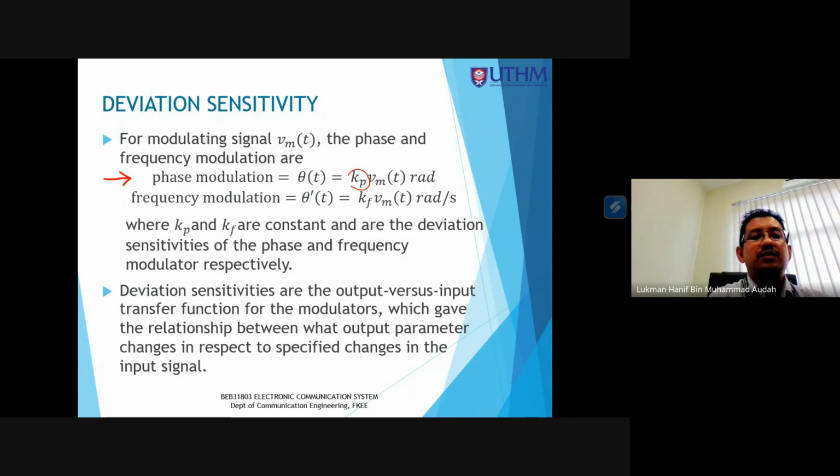And for frequency modulation, theta prime t is equal to Kf vm t, where Kf is the frequency deviation sensitivity parameter. Okay, so we have Kp and also Kf.